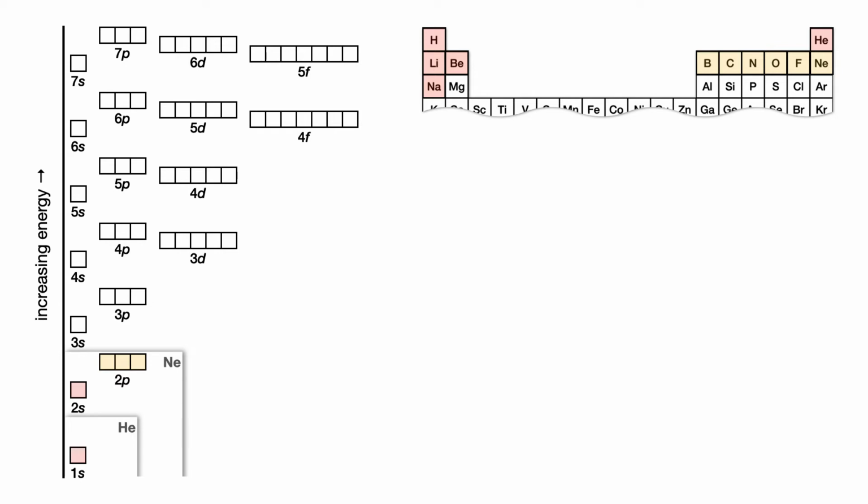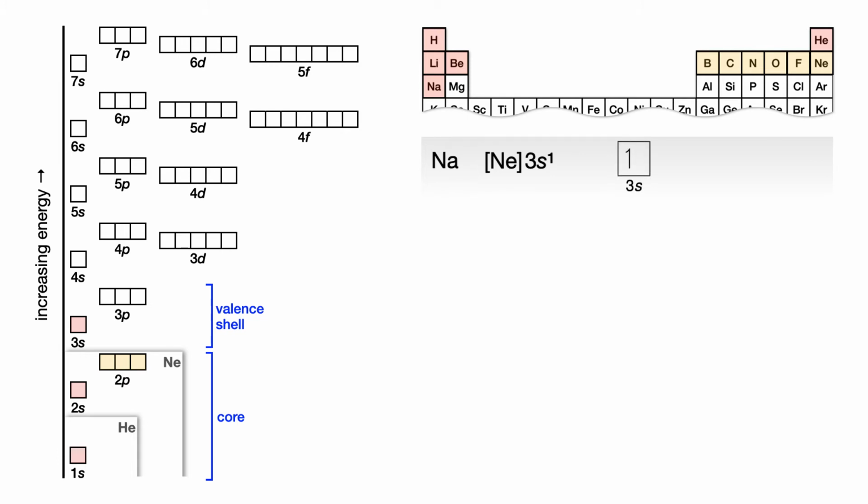And so for sodium, the core now looks like neon, and the valence shell is the third energy level. The next electron is going to go into the 3s sublevel. Sodium has a configuration with a neon core and then 3s1, and its orbital diagram has an electron in the 3s. Magnesium will put another electron into the 3s.